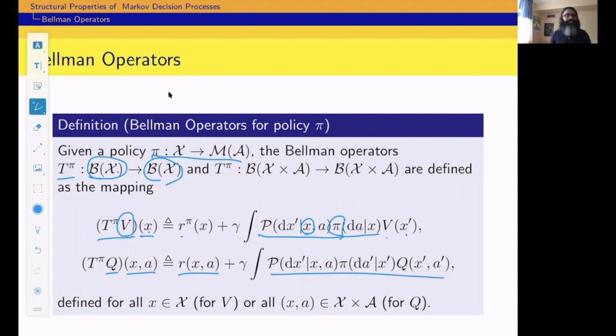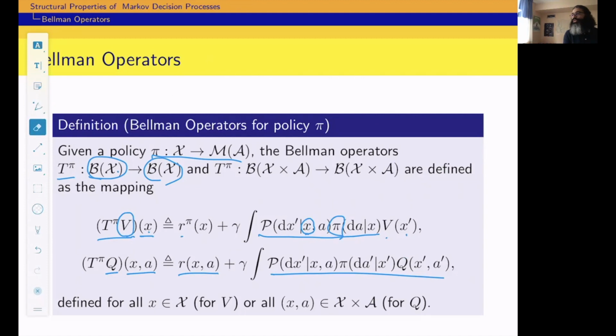This is the same as what you had seen before when we talked about the Bellman equation. But just notice that here this is not Q pi, and this is not Q pi. If it was Q pi, it would be exactly the Bellman equation. So this is the Bellman operator.